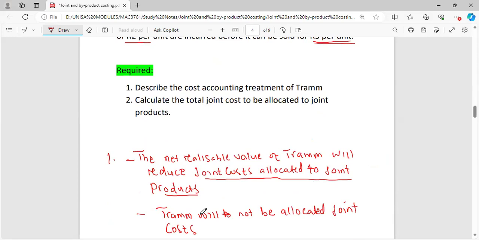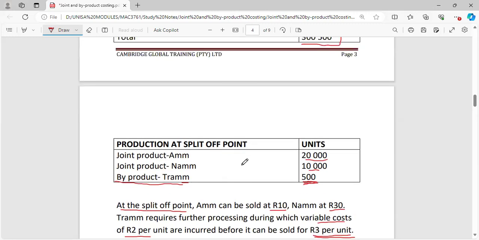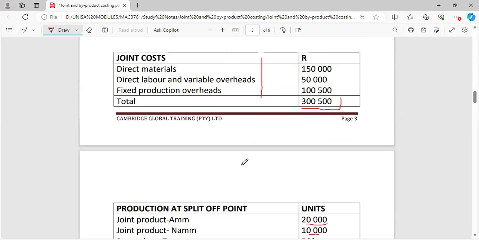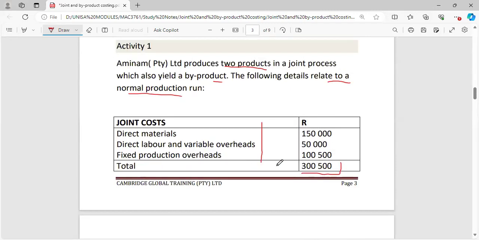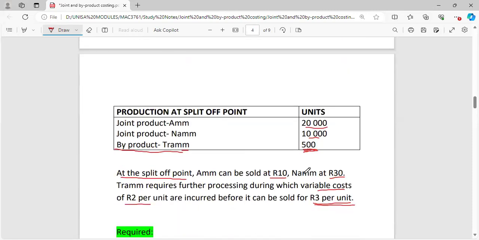Who can summarize in short how we are going to calculate the total joint cost to be allocated to joint products? Like we are here, this is the question. These are the joint costs, and these are the joint products. How are we going to calculate the joint cost to be allocated to the joint products?